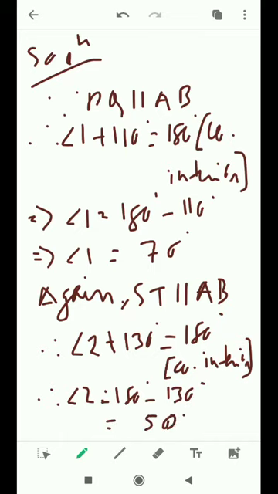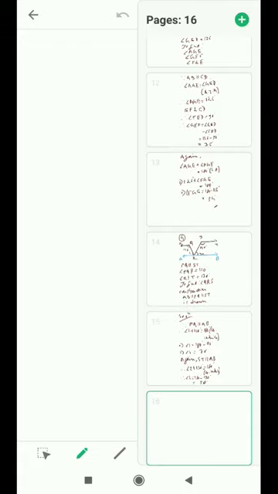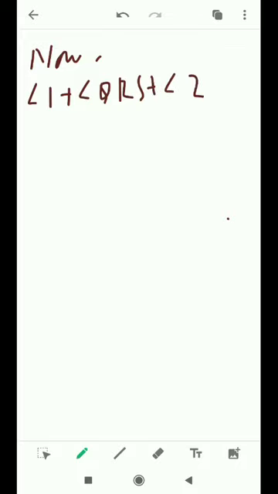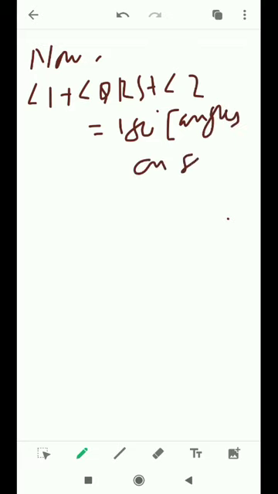Now you can see again in the diagram that angle 1, 2 and QRS, which we have to find out, are on the same straight line. So that means the sum of them will be 180 degree. Now angle 1 plus angle QRS plus angle 2 equal to 180. Reason is angles on the same line.